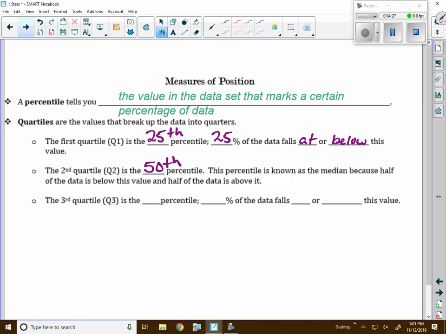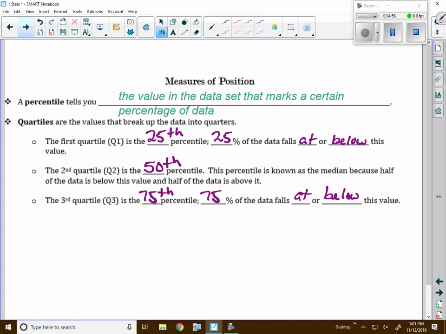Okay, Q3 is the 75th, meaning that 75% of our data will fall at or below whatever that value is. Okay, this will make more sense when we do word problems with it.